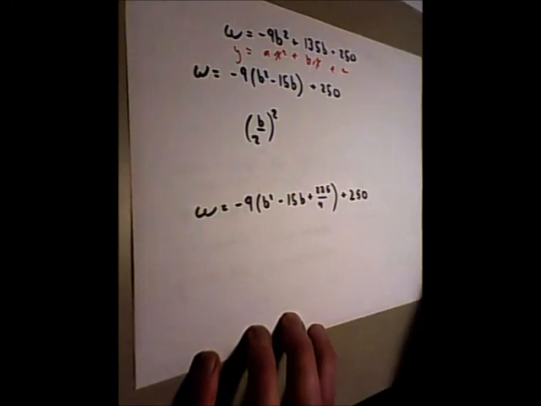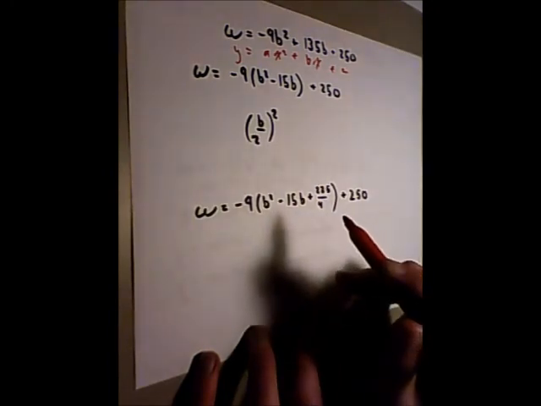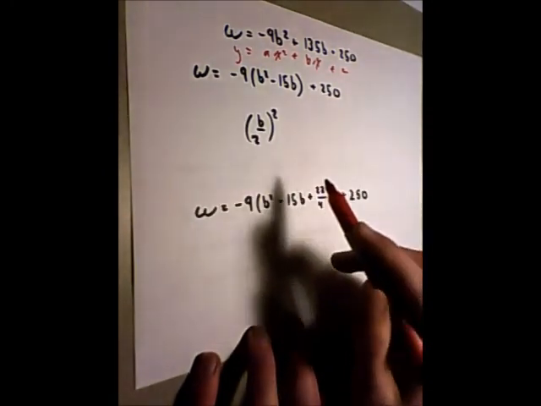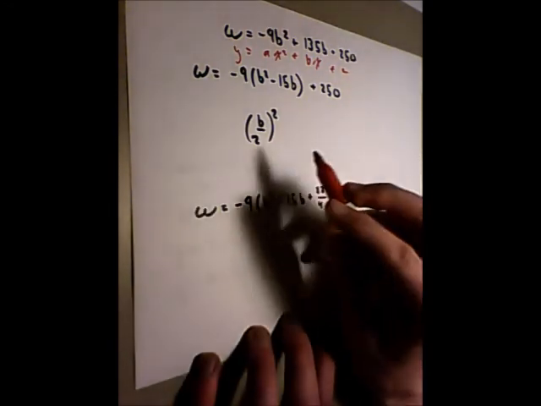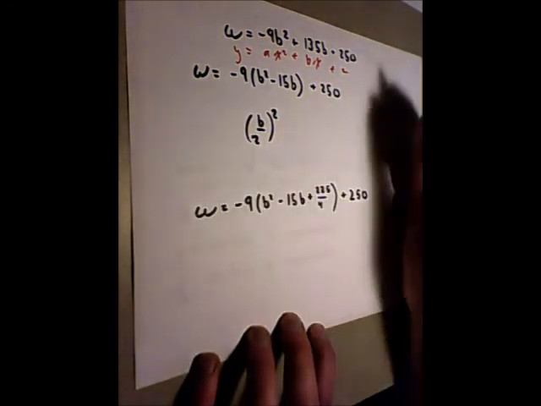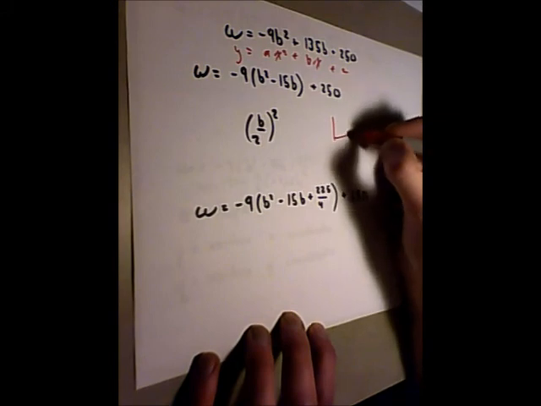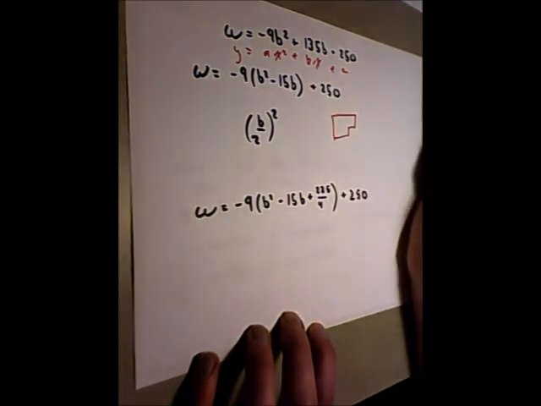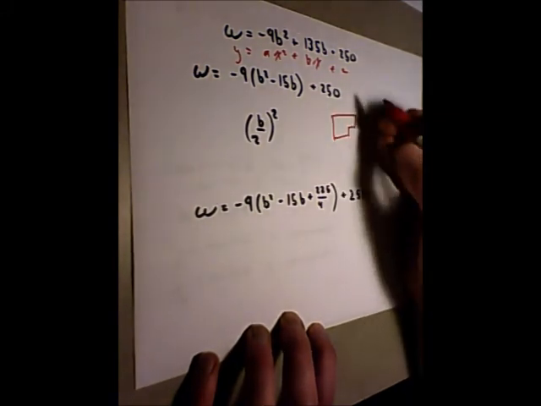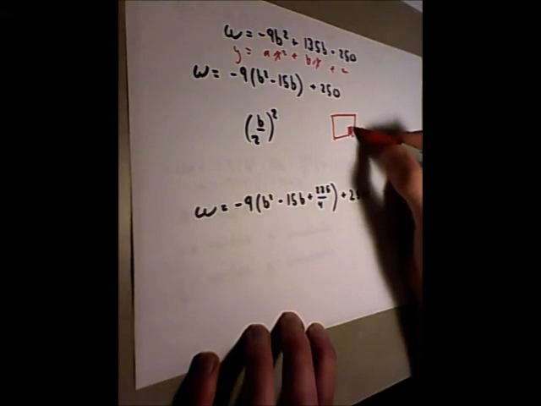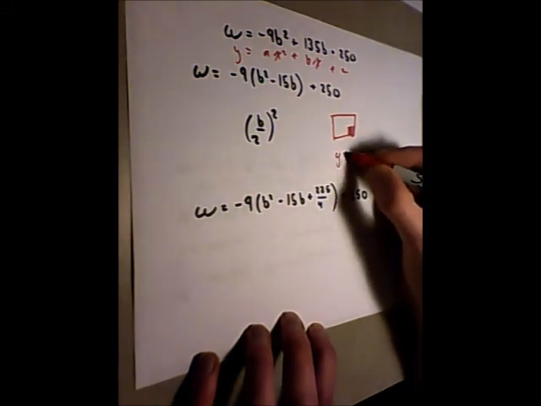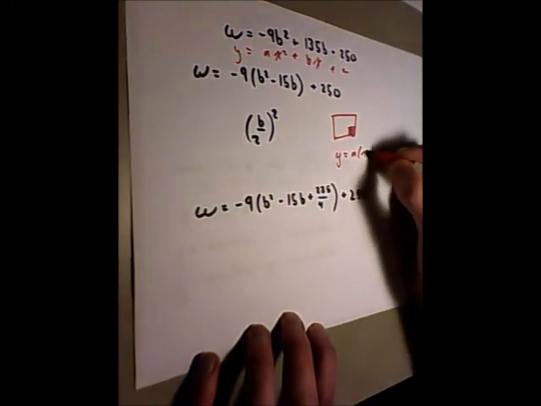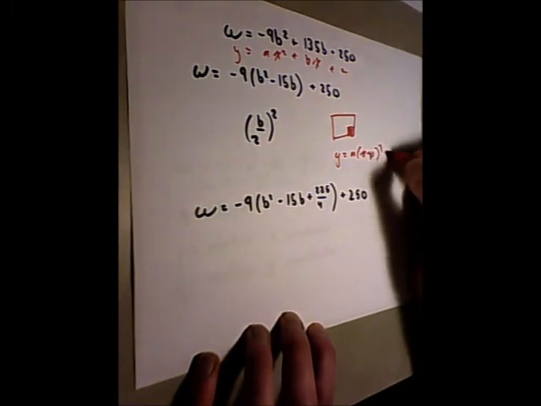So why not convert it to vertex form? All right, let's do it. How we do this is we complete the square. Right now in standard form we have an equation that looks a little like this, and by completing the square we're just going to fill in this area, so we get a nice y equals a bracket x minus p squared plus q.